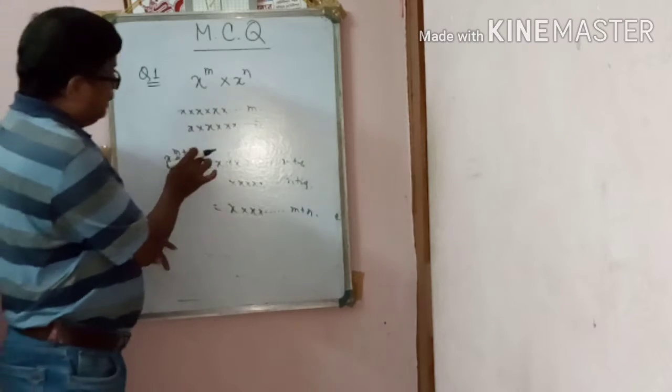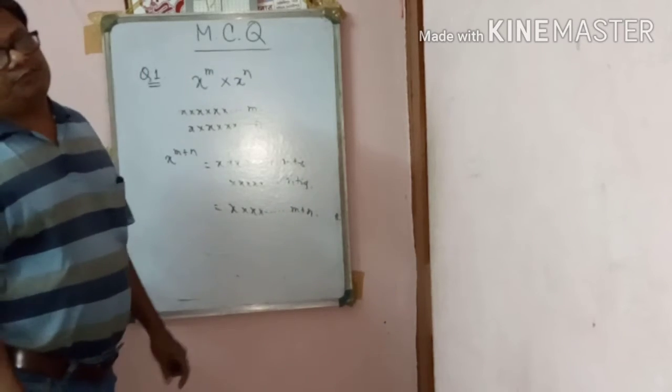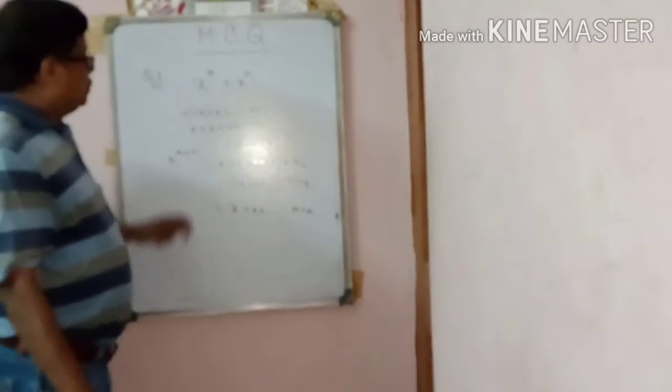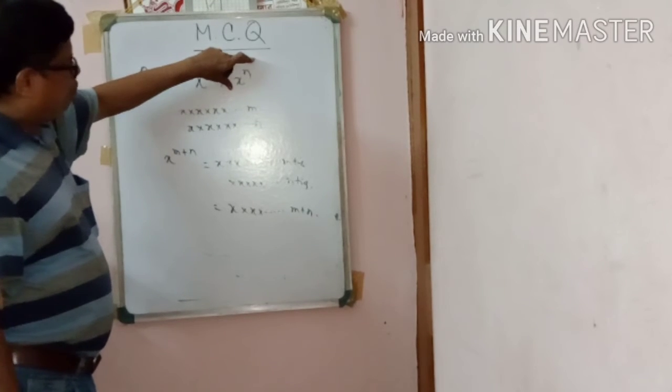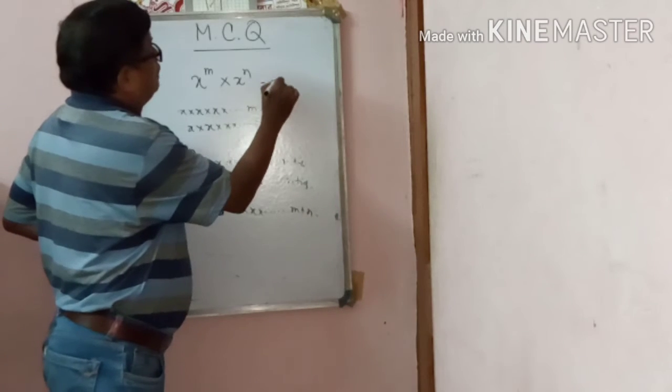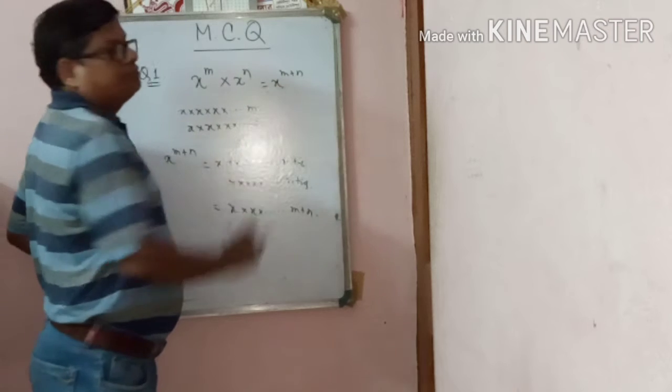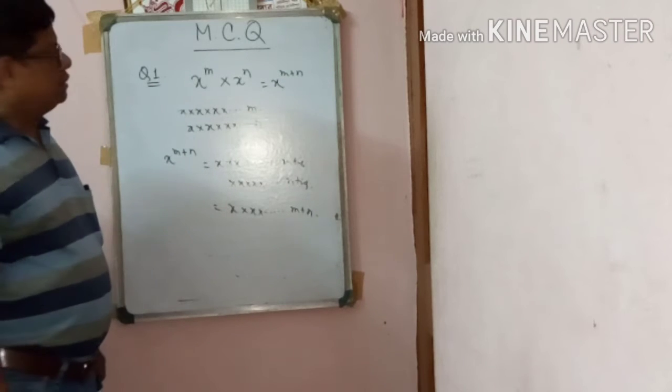So x to the power m into x to the power n equals x to the power m plus n.